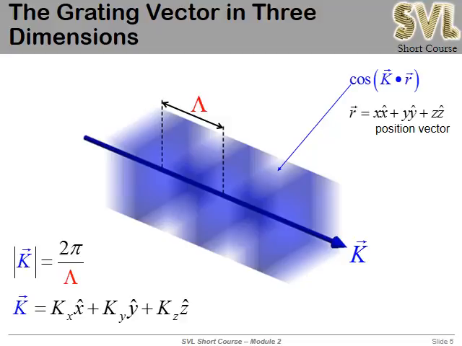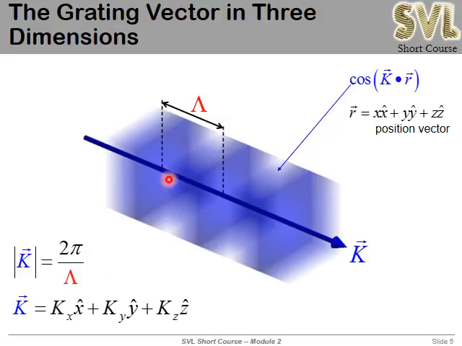The grating vector exists just as well in 3 dimensions and is defined exactly the same way. Here I'm trying to show a 3-dimensional grating, or at least just a portion of it, as best as I can with these little fuzzed out regions. But it also has a period in whatever direction this may be, and our grating vector is still perpendicular to the planes of the grating, and its magnitude is still 2 pi divided by the period of the grating.